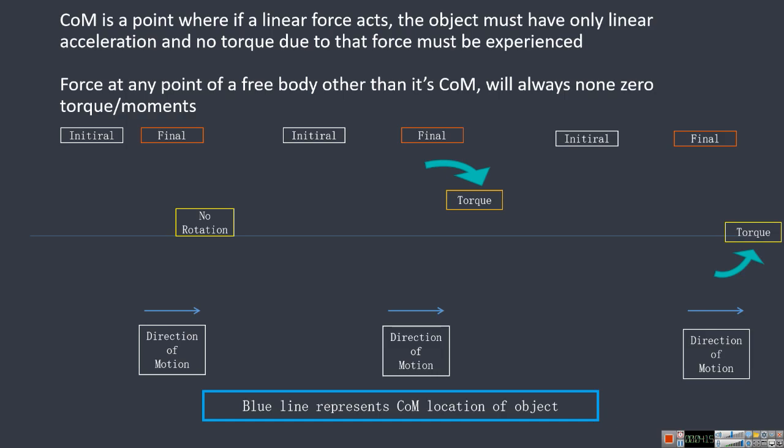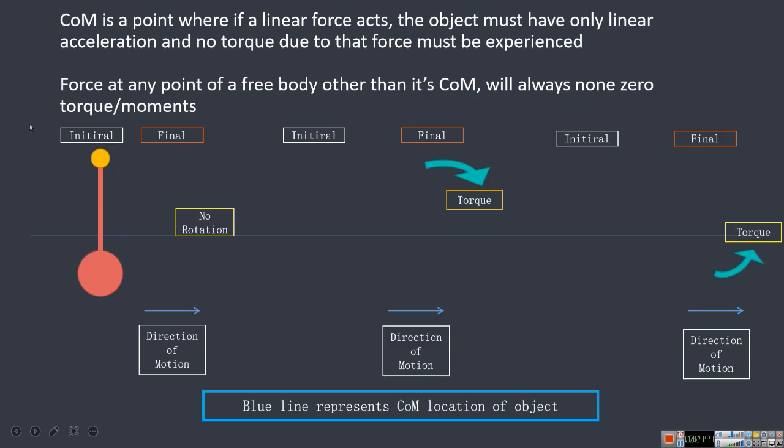So let's say we have an object, and we apply force. Now remember, this blue line in the middle is representing the center of mass, right? Let's say this is the 100 pounds, this is a 500 pound dumbbell. It is the same one, but I did not make it in the geometric symmetry, so don't mind if it looks a bit different. I'm just trying to simulate the mass, right?